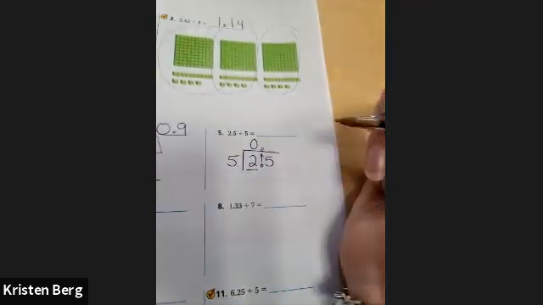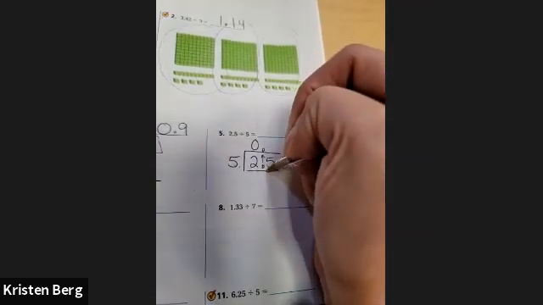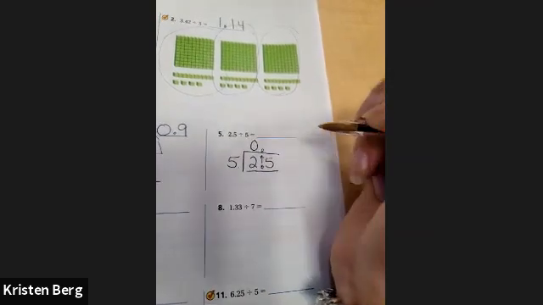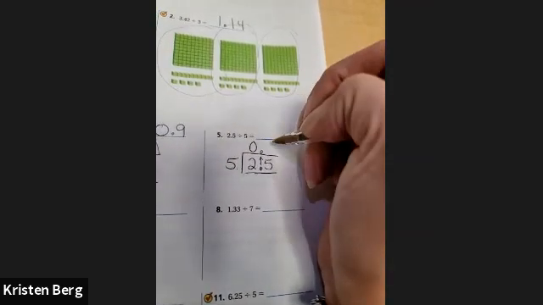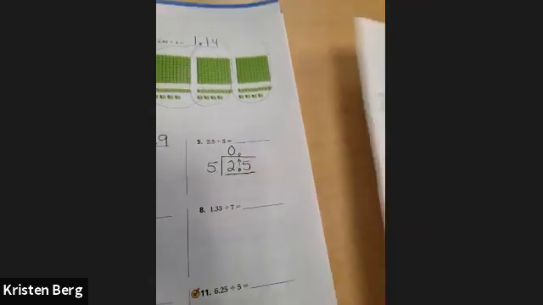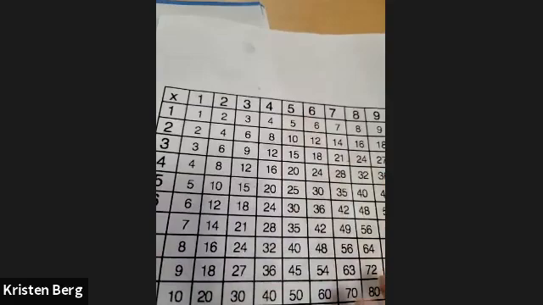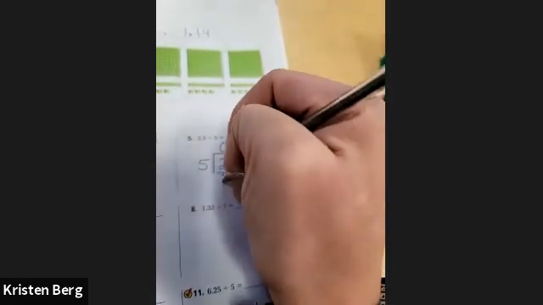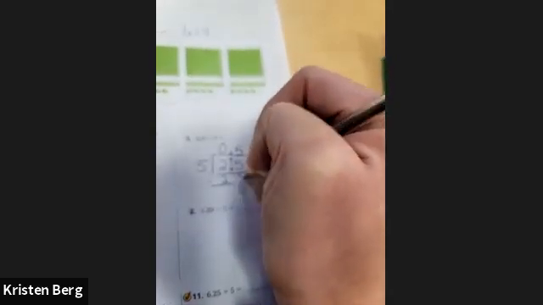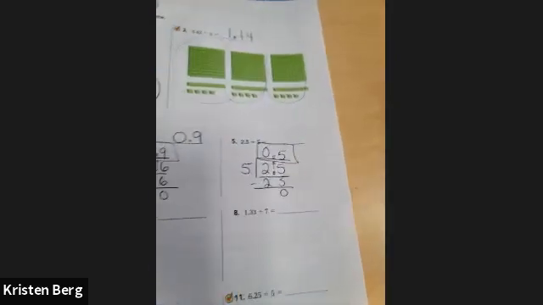Nope, too small, so it goes in 0 times. Can 5 go into 25? Yes, it can. So it can go in, if you go by 5s, into 25. That goes in 5 times. So then 5 times 5 is 25 with nothing remaining. So your answer is 5/10.